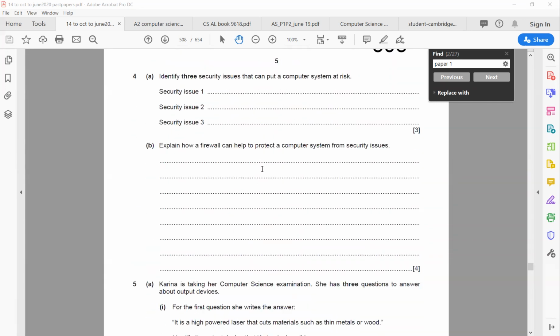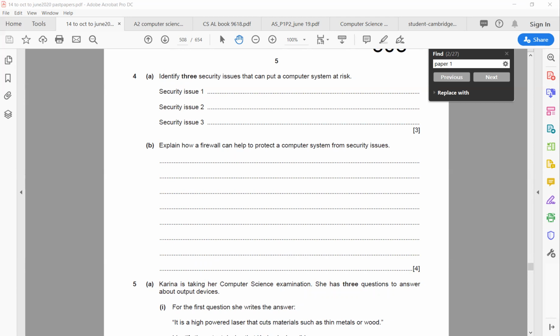The next part, question 4 is identify 3 security issues that can put a computer system at risk. किन किन से हो सकते हैं रिस्क, कौन कौन से issues हो सकते हैं। First, very common, and that is virus, ठीक है, because virus can delete your data, it can corrupt your data, so it's a big threat for your data. And even spyware, that is also a threat. और इसके अलावा phishing, pharming, hacking, ठीक है ना, और downloading some software from unknown sources.